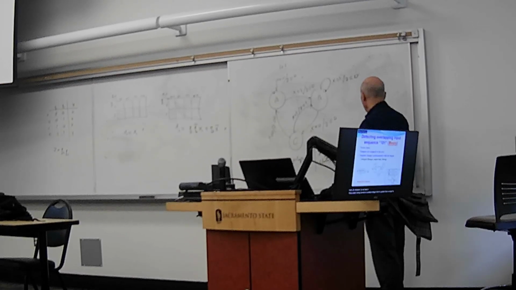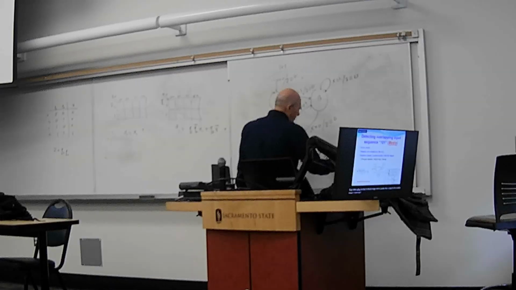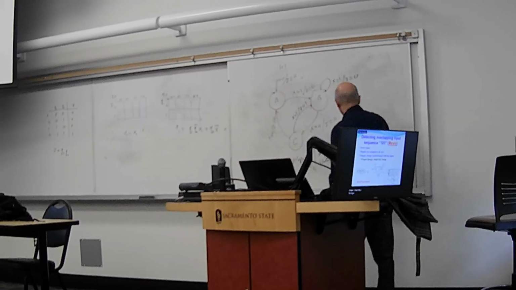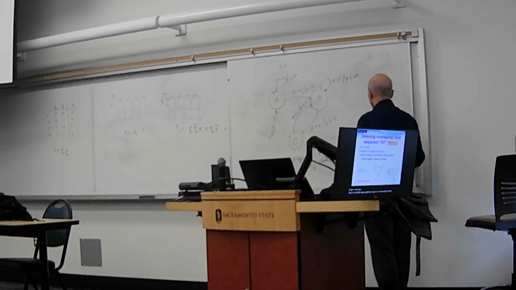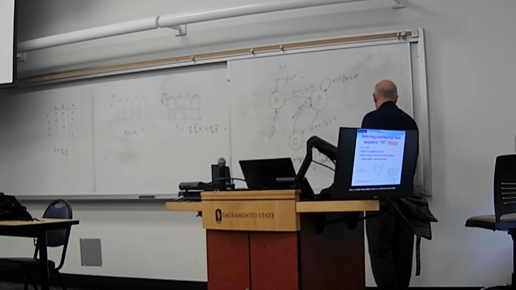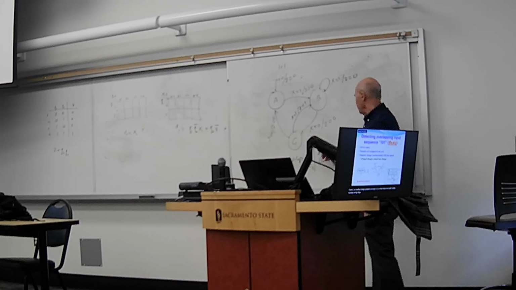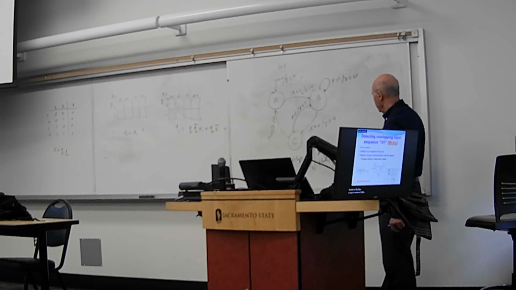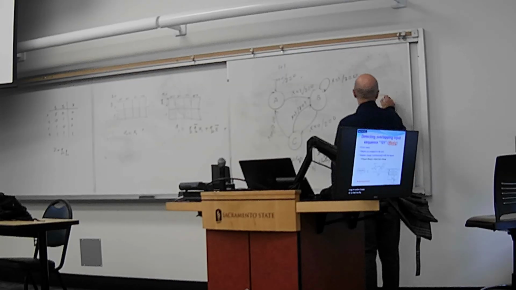The smallest integer greater than log 2 of 3 is 2. So that means we need 2 flip-flops, not states. The number of flip-flops is log 2 of the number of states. So we're going to require 2 flip-flops.